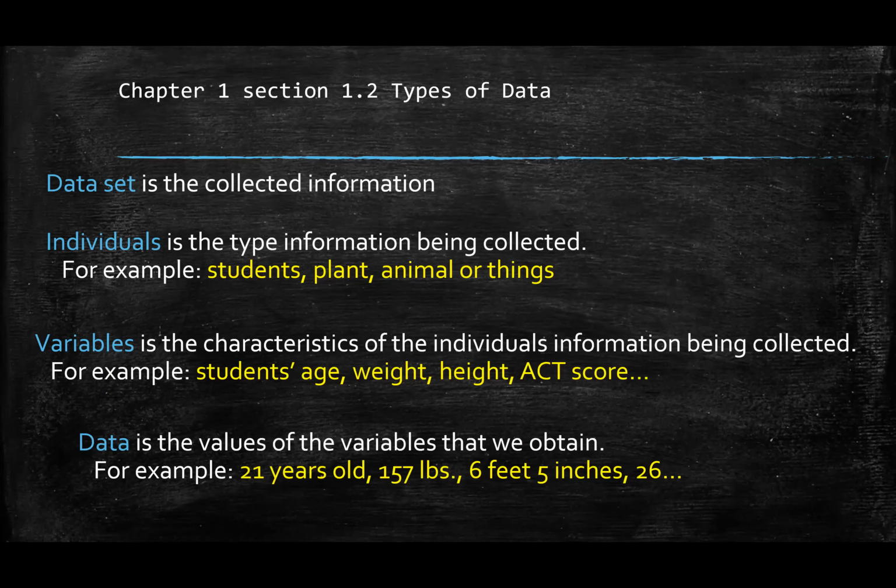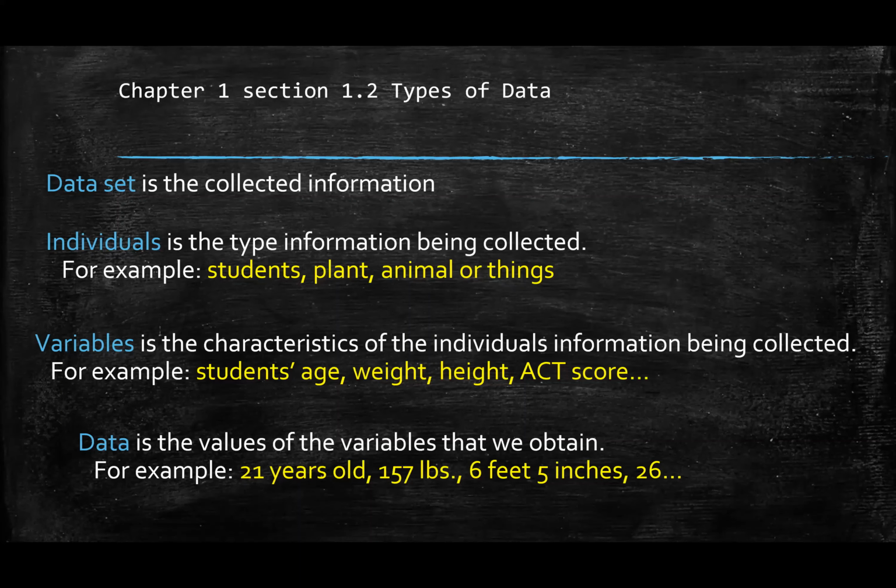You will see that they say a lot about variables. The variable is just a different category that you want to collect. Like if you want to collect the temperature of a day, you collect in the morning what's the temperature, in the afternoon what's the temperature.